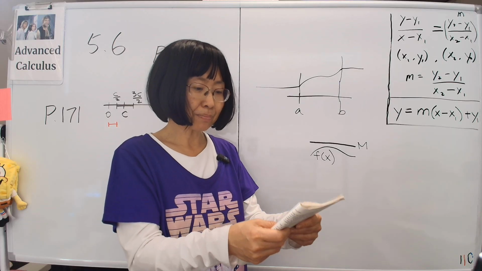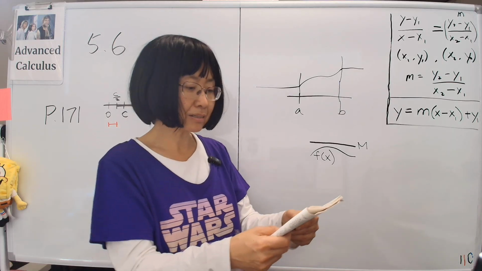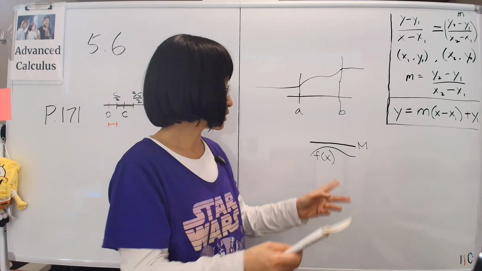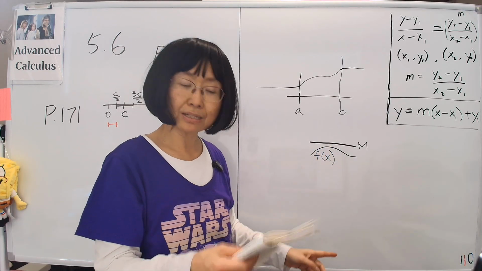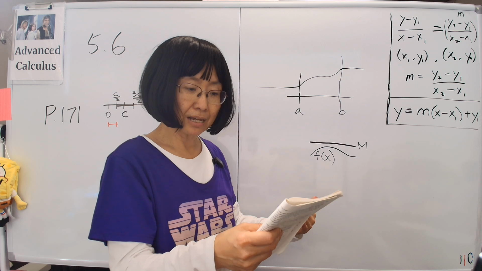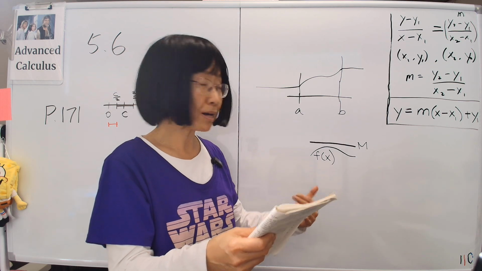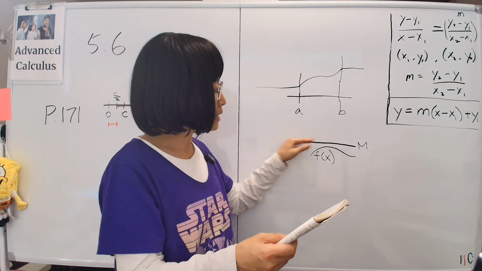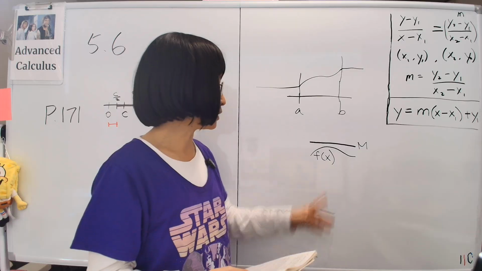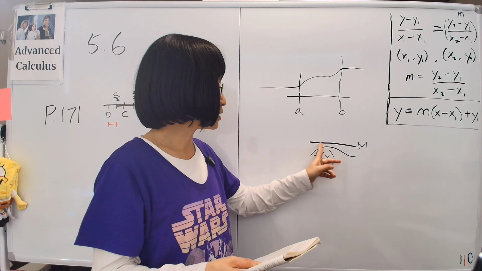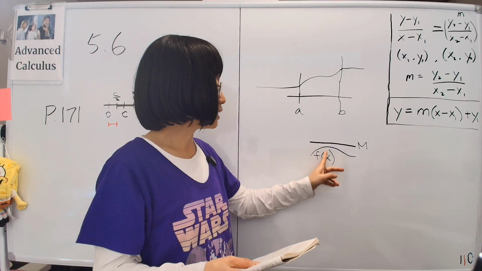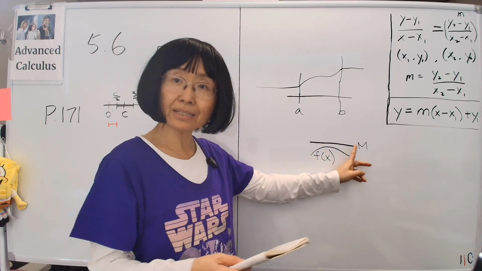But that is not possible, because the function f gets as close to the upper bound as it wants. Otherwise, M wouldn't be called the least upper bound, right? There can't be a space in between. If there were a space in between, then it wouldn't be the least upper bound.